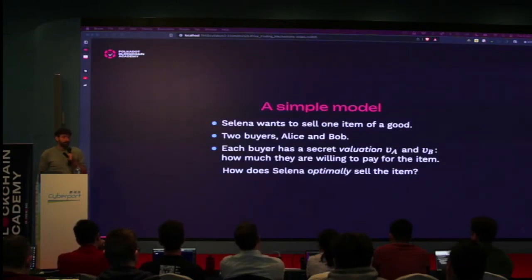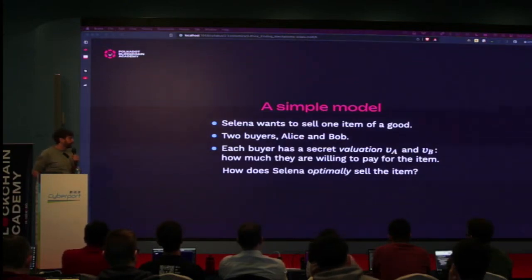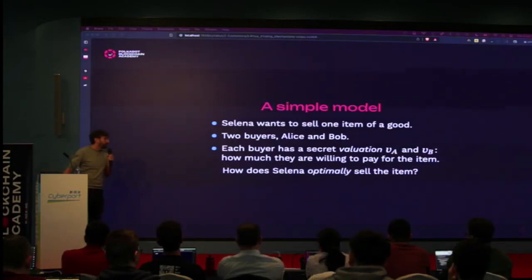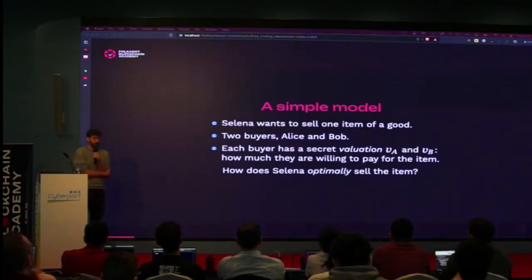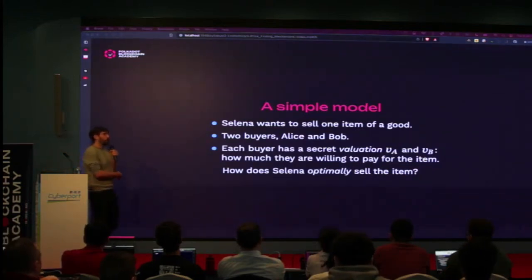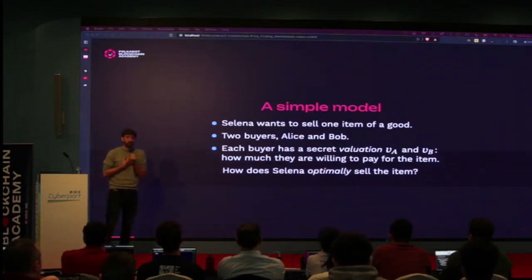So let's look at a simple model here. Let's say Selena wants to sell one item of a good. And there's only two buyers, Alice and Bob. And each buyer has a secret valuation, VA and VB, of how much they are willing to pay for the item, right? So this is some notion of this true valuation within you.